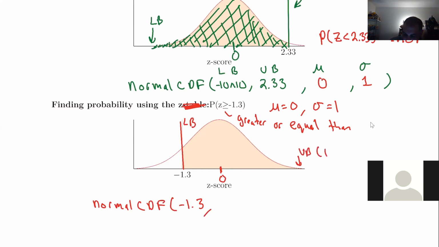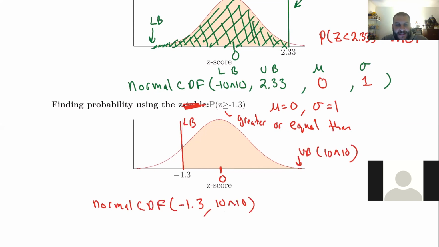So we say upper bound, which is 10 to the 10 power. All right. So we're going to do normal CDF, negative 1.3 is my lower bound, my upper bound 10 to the 10 power. And remember, for this one, mu and sigma, we're going to leave it blank because the default position for the calculator is that mu is 0 and sigma is 1. So why put it twice?